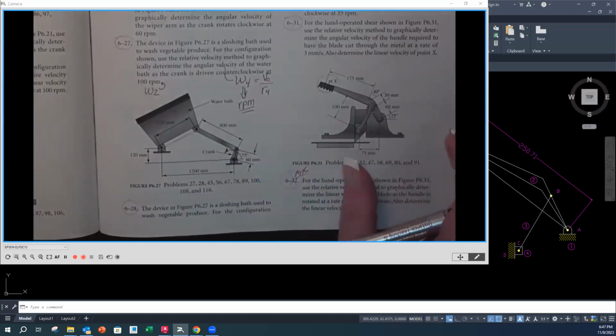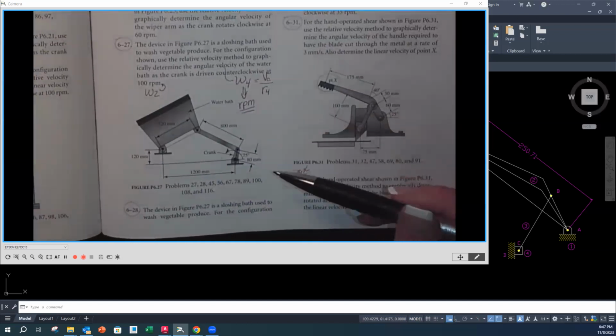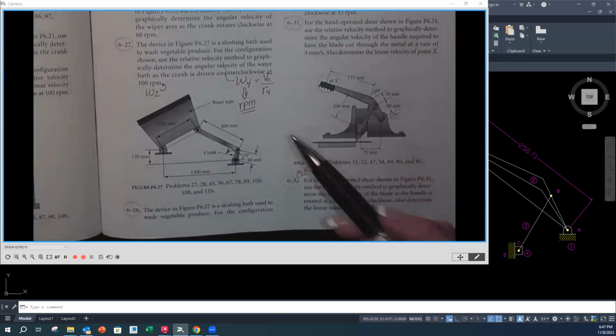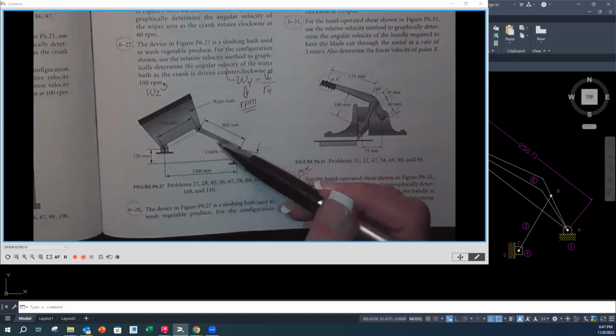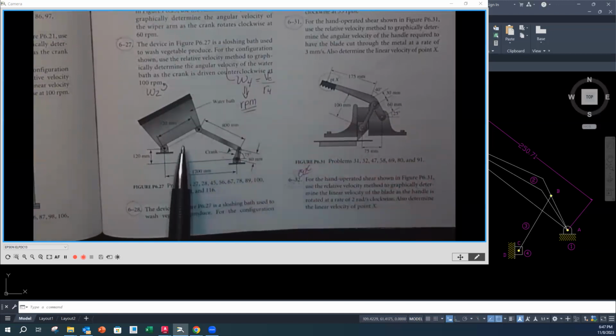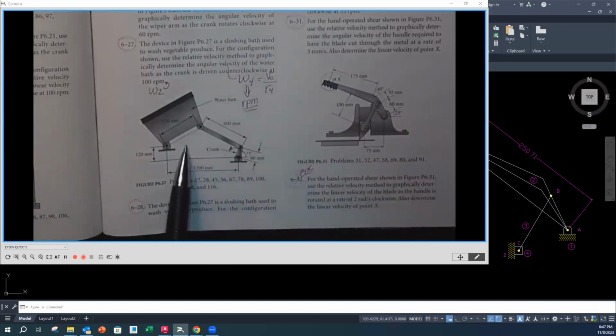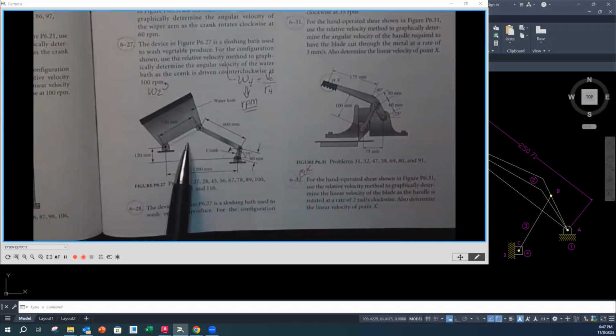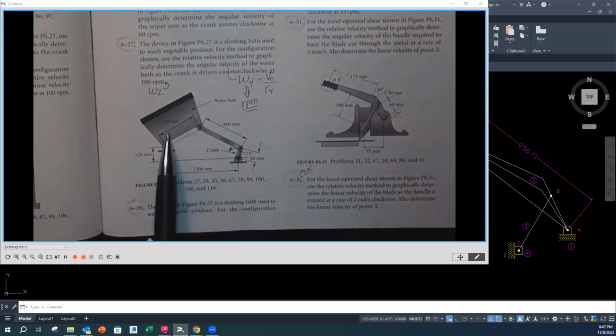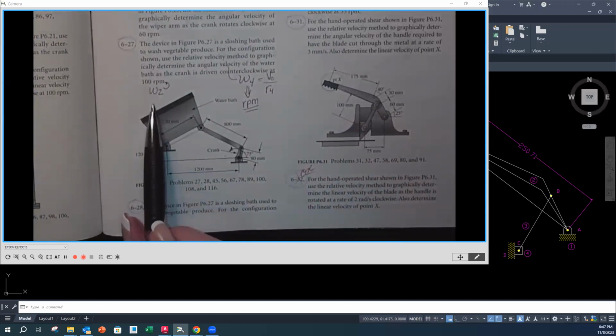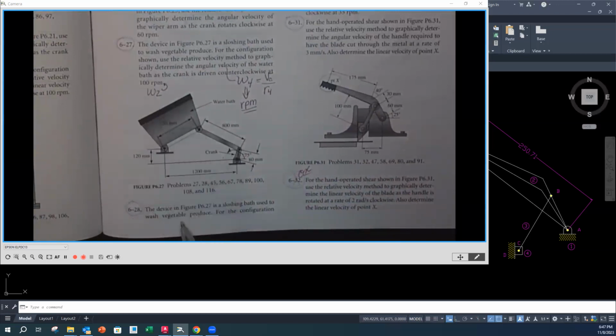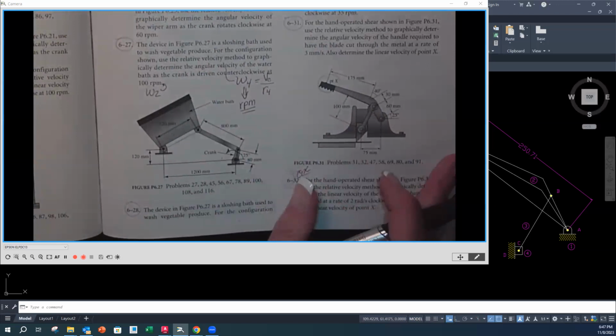The next problems are going to be the vegetable bath. The last time we were together, in the second video, you're going to find the process for solving the angular velocity of the sloshing bath from problem number 27. That same process will be used for number 28, except there are just different numbers.